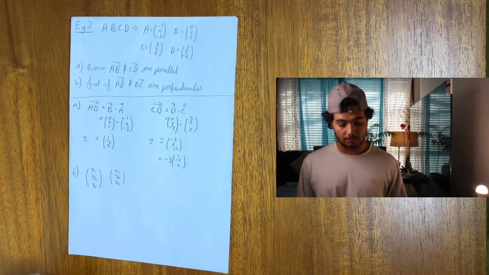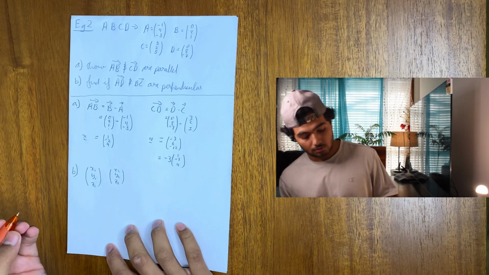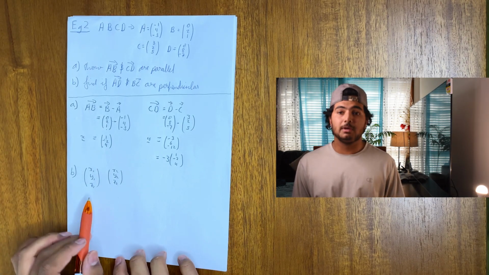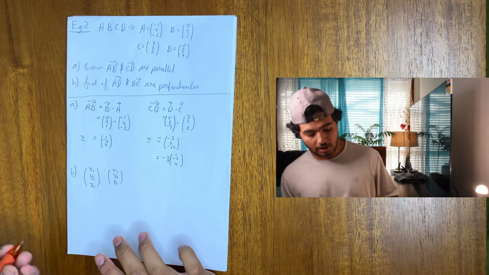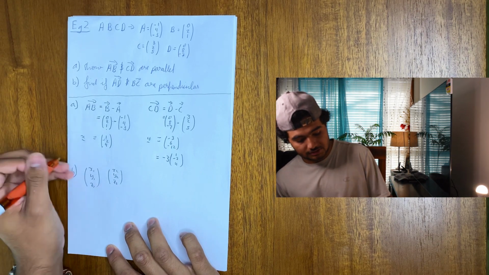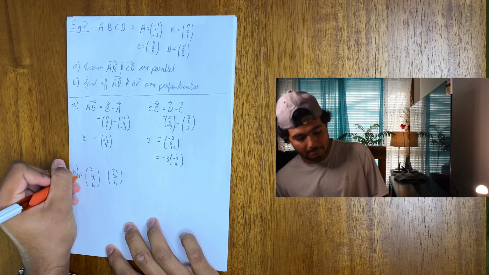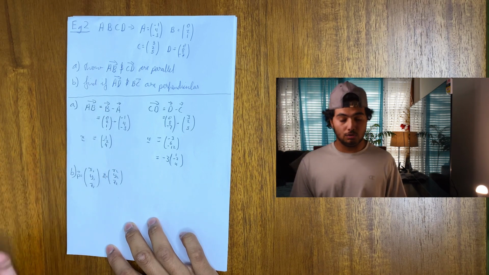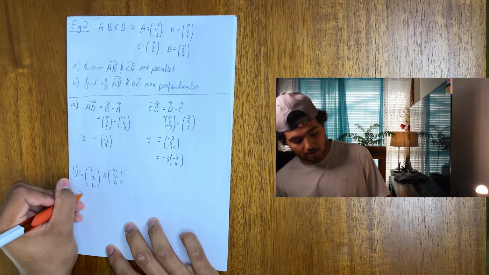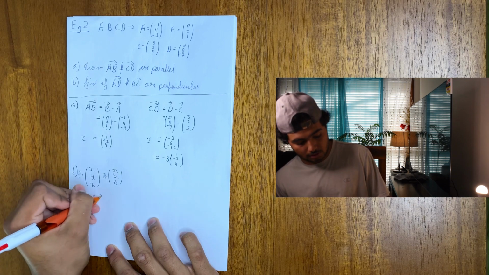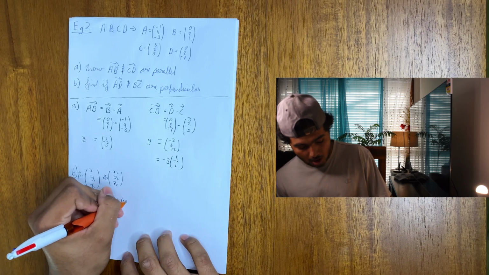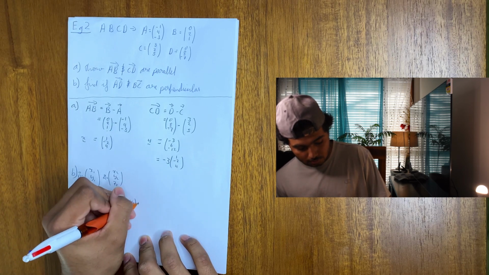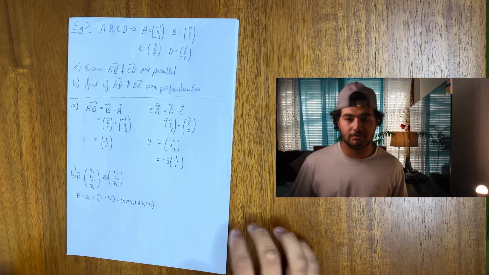When we take the dot product of two vectors, let's denote this as vector P, and this is vector Q. P dot Q equals x1 multiplied by x2 plus y1 multiplied by y2 plus z1 multiplied by z2. There you go. That's literally what dot product is.